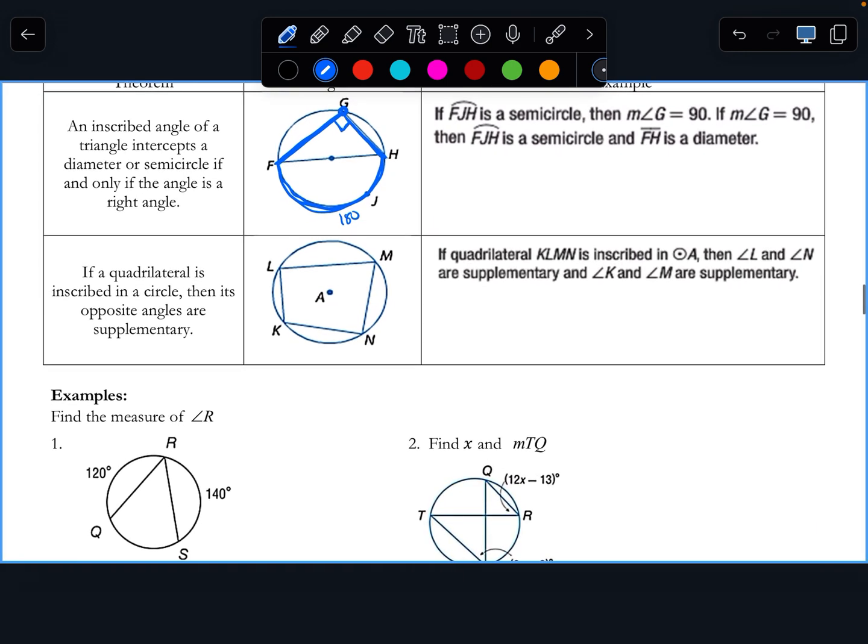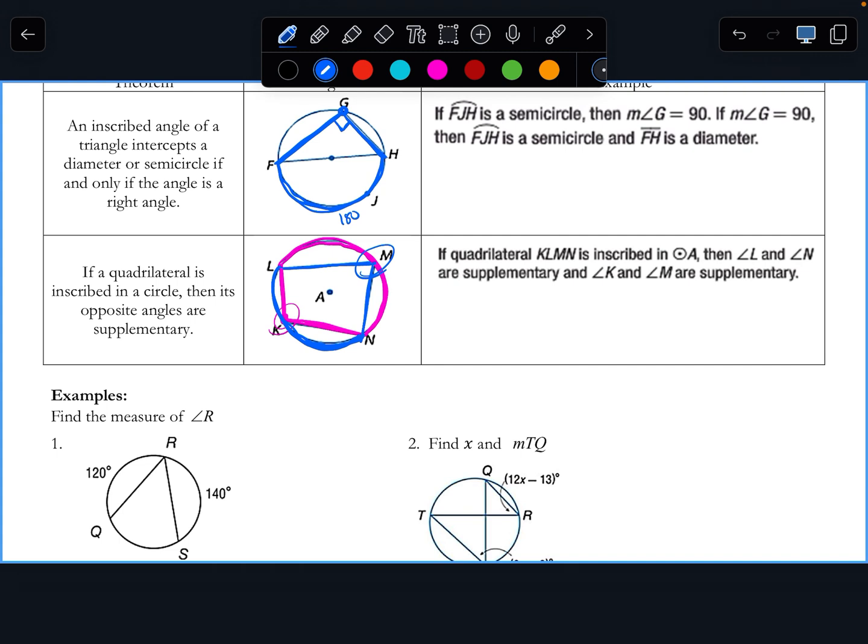This one, I'll show you where it comes from, but essentially I'll just look at K and M for simplicity's sake. Here, if you look at K, it's kind of a fat inscribed angle, so its arc across is that huge arc. Now, look at the angle across from it, angle M. Angle M's inscribed arc is the other side.